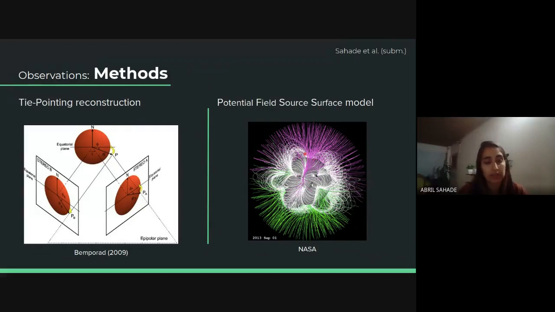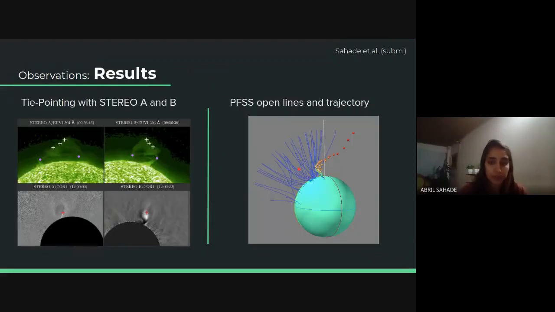We determine the magnetic field that is in the region of the ejection. Well, we decided to take many points of the ejection to really represent its evolution. We use a 304 filter and the coronagraphs.